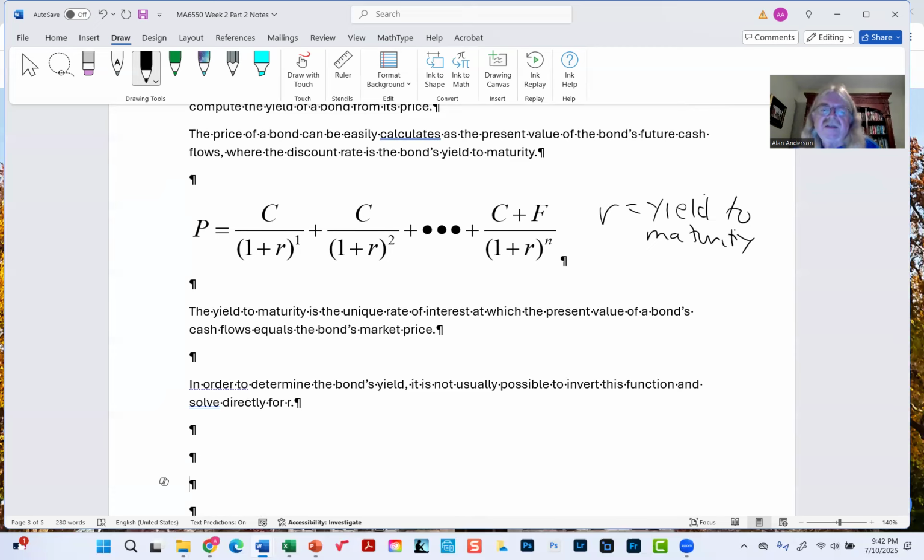So instead, we have to resort to numerical methods. Specifically, root finding techniques, they're called.